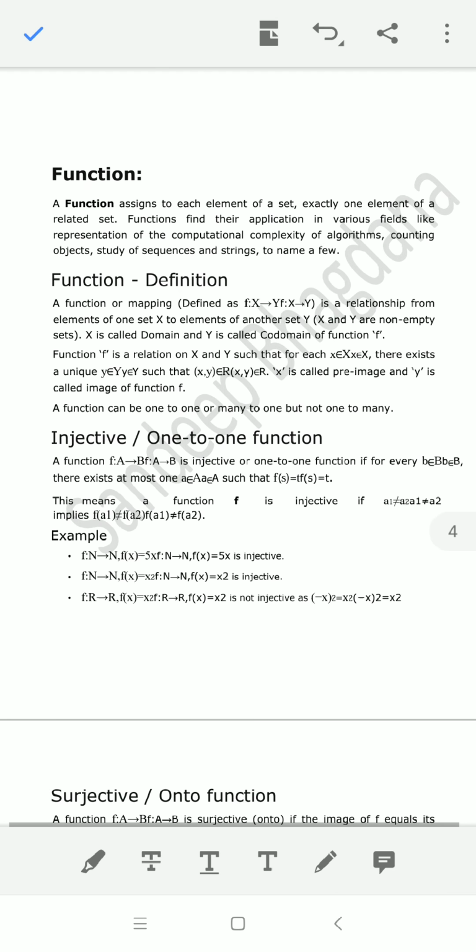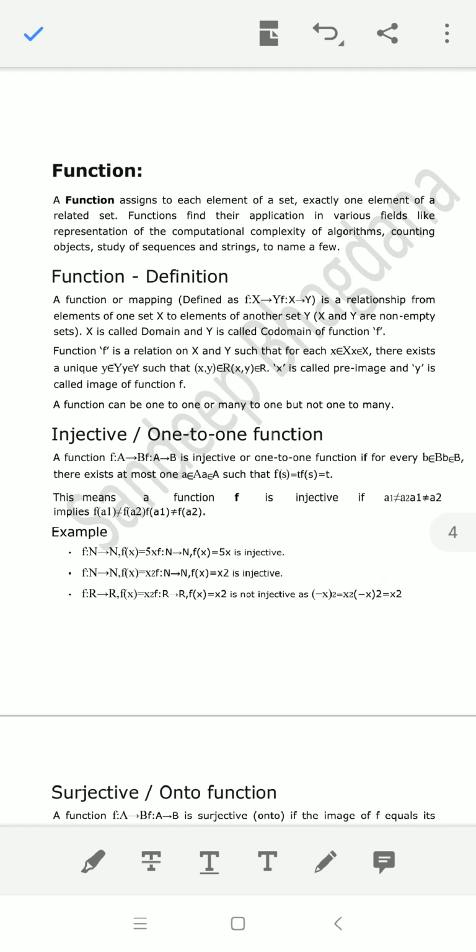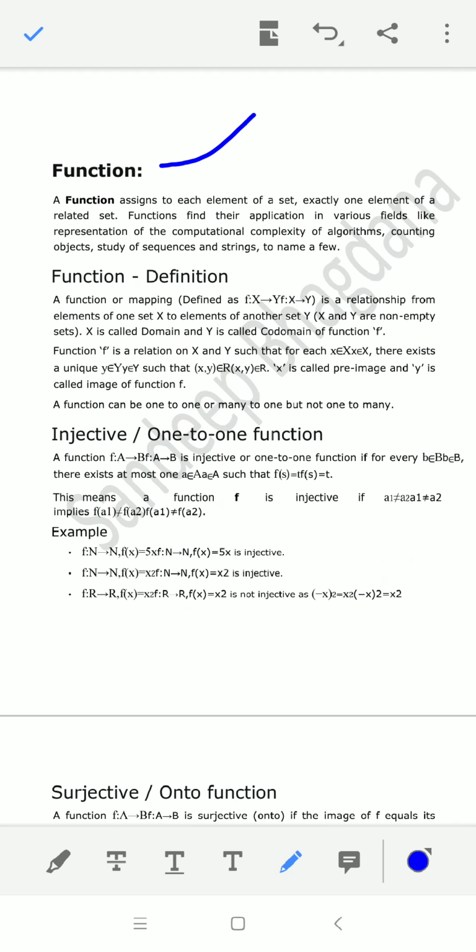Coming to the next topic, a function. A function or mapping, defined as f: X → Y, is a relationship from elements of one set X to elements of another set Y. X and Y are non-empty sets, and X is called the domain and Y is called the codomain of function f.